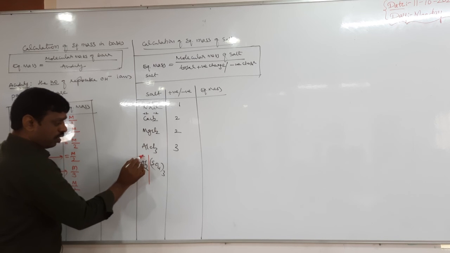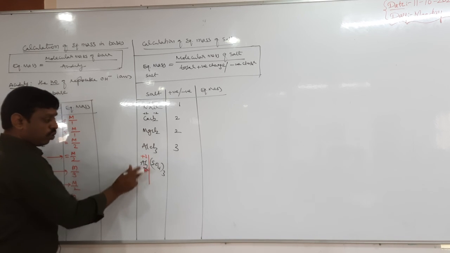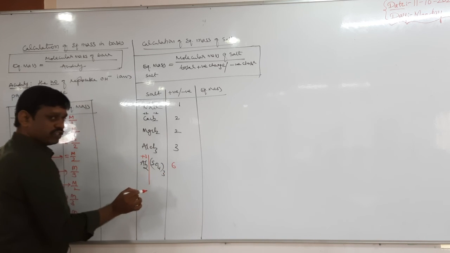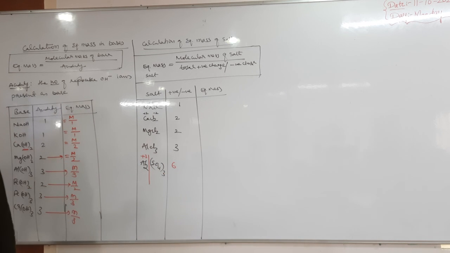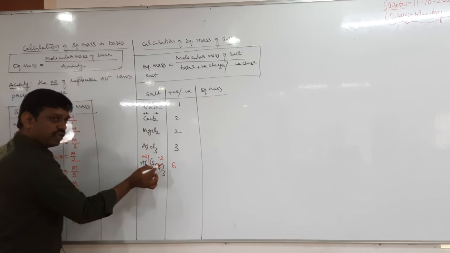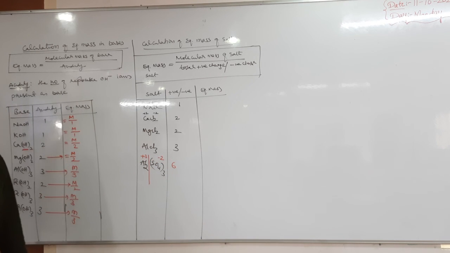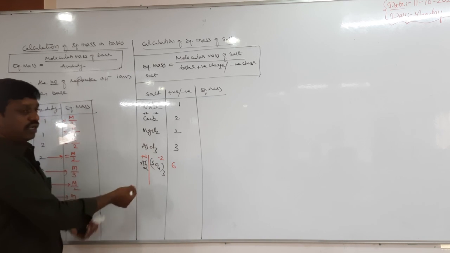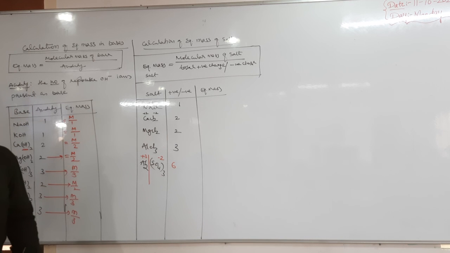We know that 1 aluminum is plus 3, so 2 aluminum is plus 6. Therefore 6 positive charges, or else you can count negative charge also. 1 sulfate is minus 2, there are 3 sulfates, minus 6. It has to come, no? If the total positive charge is plus 6, negative must be minus 6.